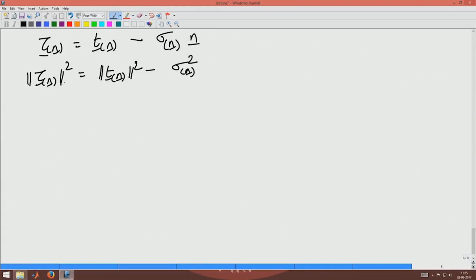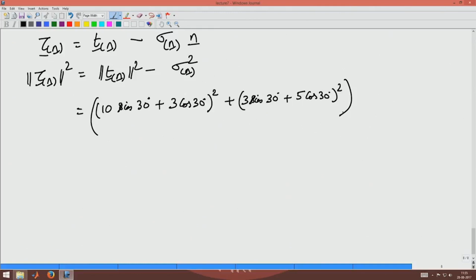Now, we have to find the shear stress magnitude, which would be basically 10 sin 30 plus 3 cos 30 the whole square plus 3 sin 30 plus 5 cos 30 whole square, that is T of n square, minus sigma n square, which was 10 sin square 30 degrees plus 5 cos square 30 degrees plus 3 into 2 into cos 30 into sin 30 the whole square.